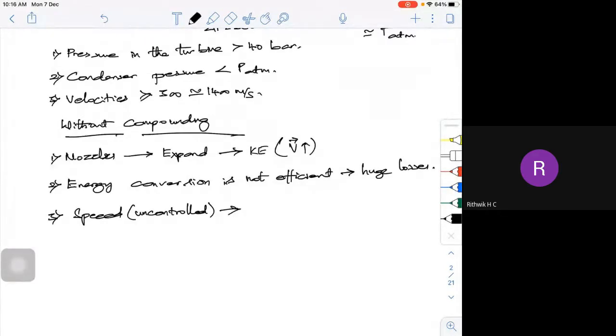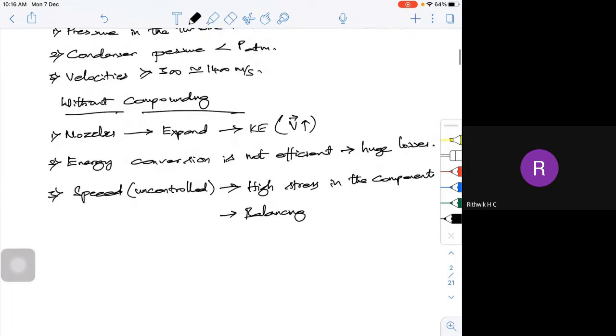This speed will lead to high stresses, high stress in the components. This is one thing. And the second thing is balancing problems because of this speed.